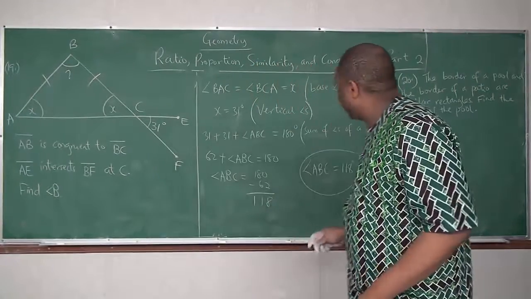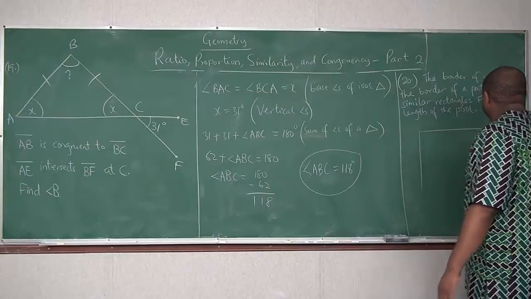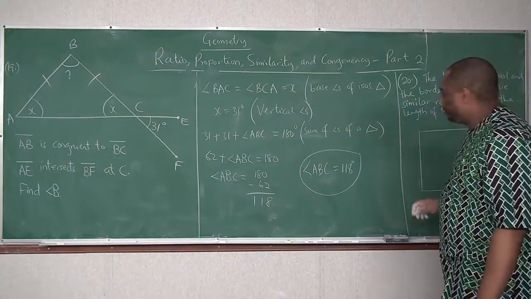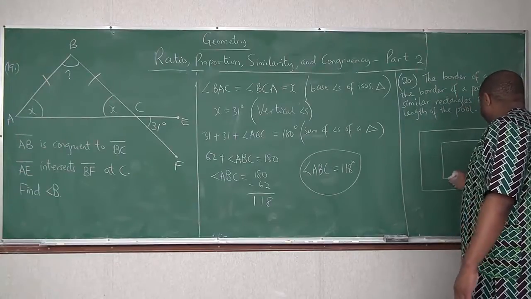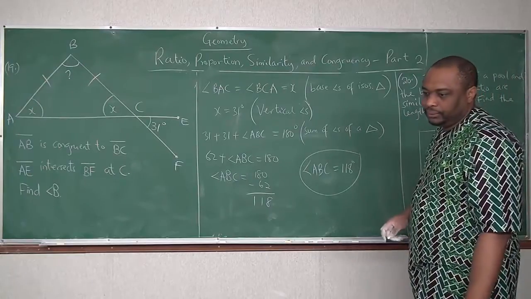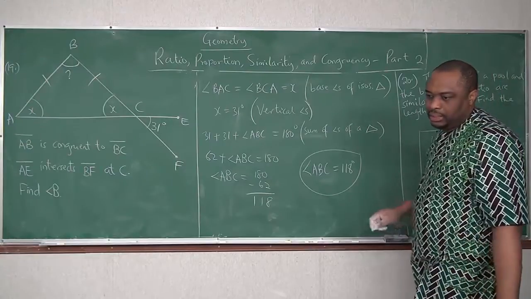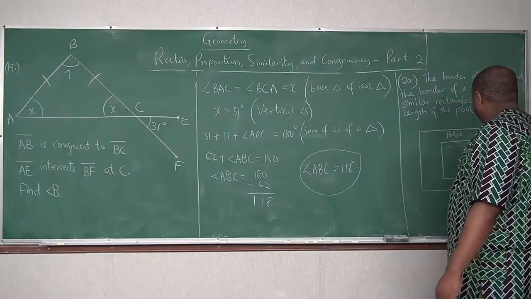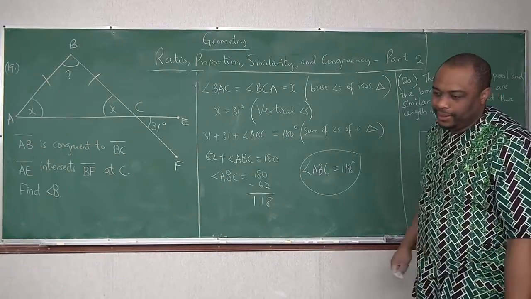So you have this diagram. They gave us a diagram here, two rectangles that are similar. They call this the patio and they call this the pool, which had water in it.